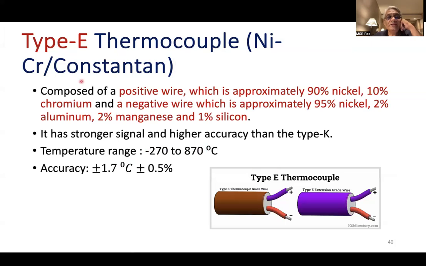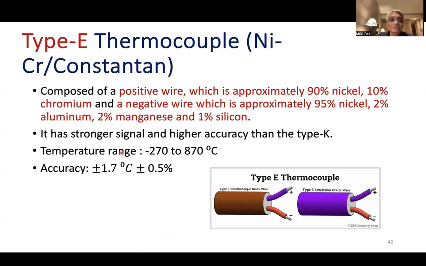Now you have the E-type thermocouple. This is nickel chromium and constantan. And again, both the parts are alloys. The positive wire consists of 90% nickel and 10% chromium, and the negative wire is made up of 95% nickel, 2% aluminum, 2% manganese and 1% silicon.